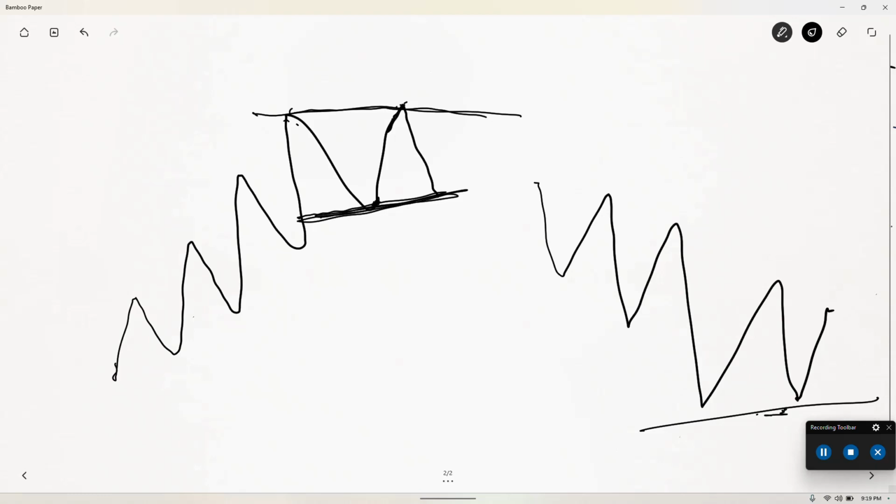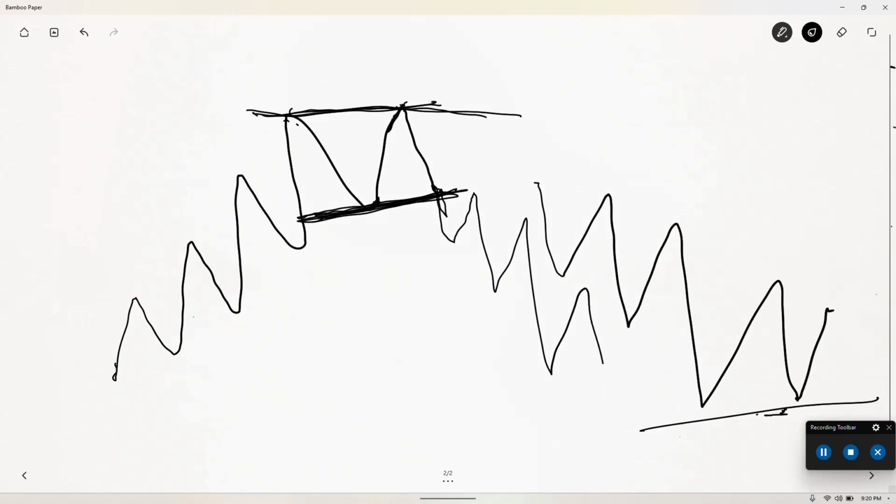Now, you wait for the neckline to break because neckline is support. This is a resistance. I will still tell you what is support and resistance also. No, sorry, this is support and this is a resistance. Once it breaks this neckline, you wait for a pullback and you start selling the market.